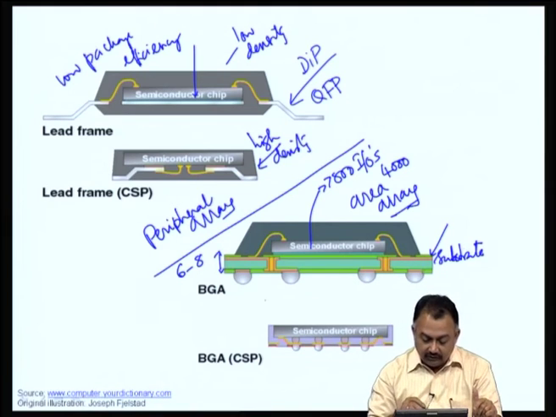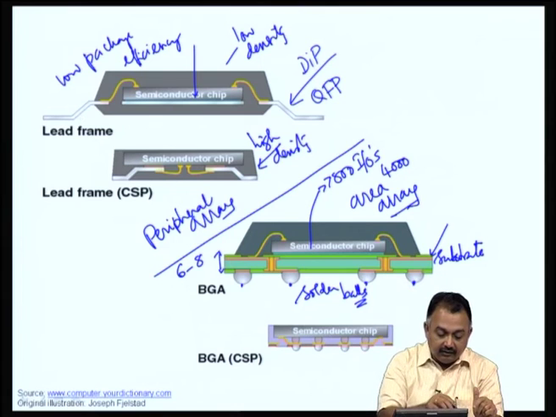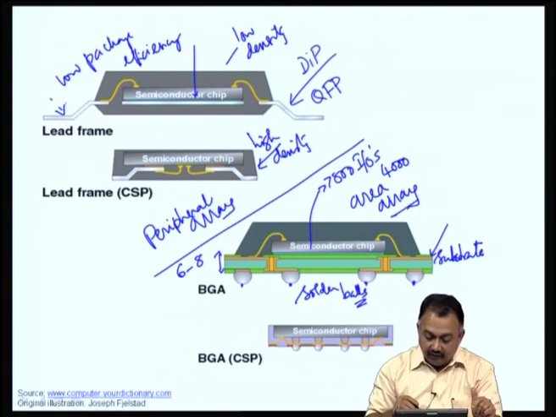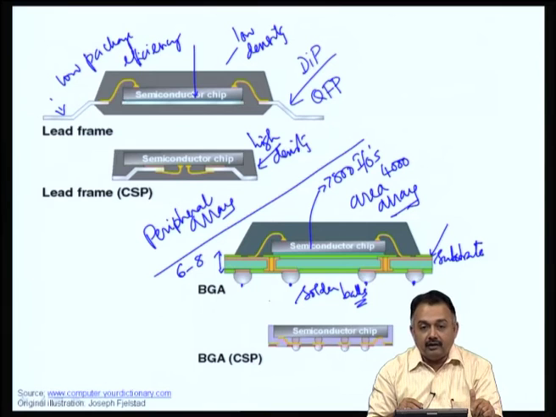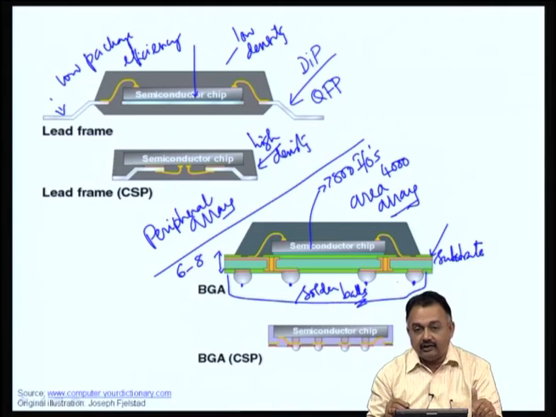Okay. So, here the interconnections are established by these solder balls. Instead of the lead frame pin, we are now going to use solder ball technology for establishing connections with the board. Okay. So, this will utilize the entire area under the die.